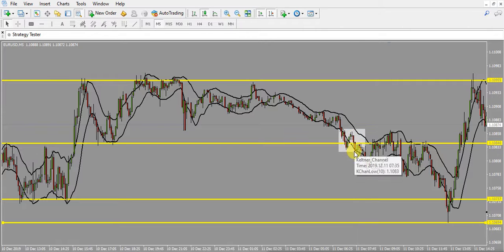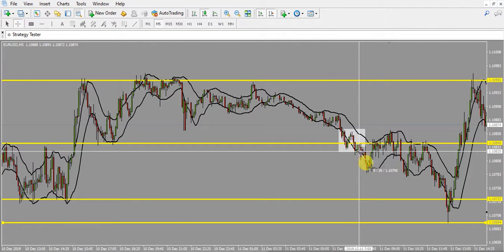When you get these strong down candles like this, it's hard for price to come up and break above them. It's just how it is because the sellers are in control. And you basically will look for a 3 pip profit and it comes down and it goes as low as almost 4 pips. So you get out of that trade with profit, and that was a 2-to-1 profit there.